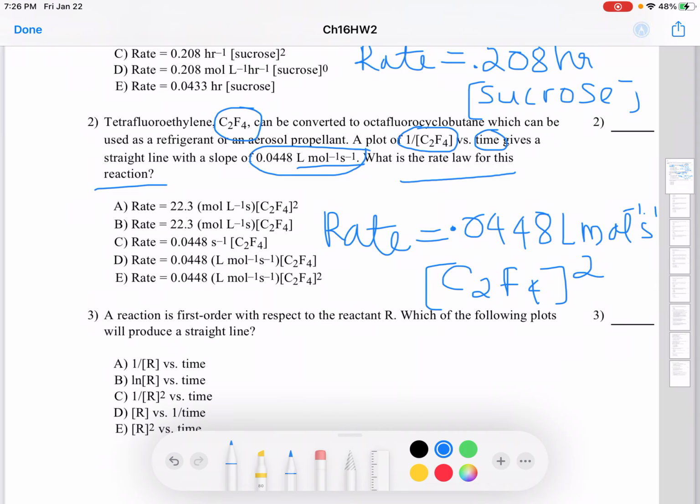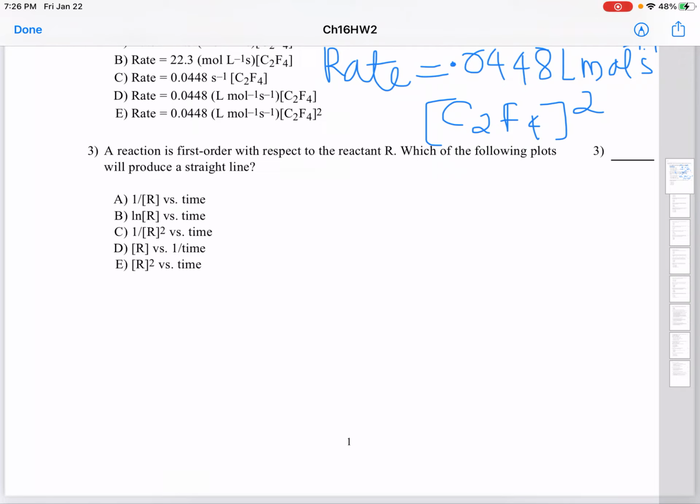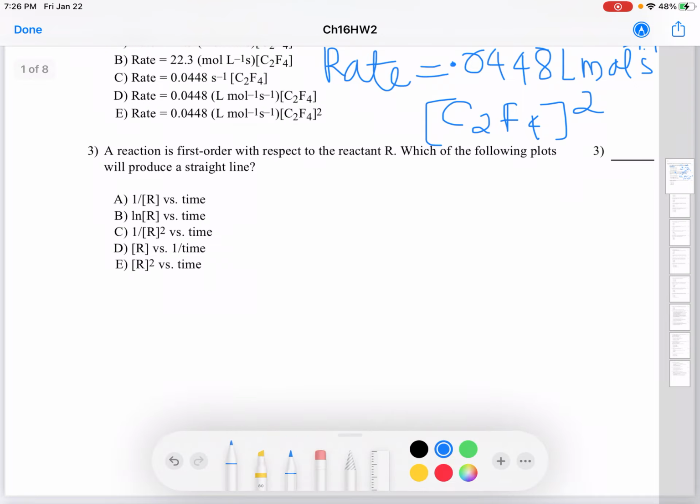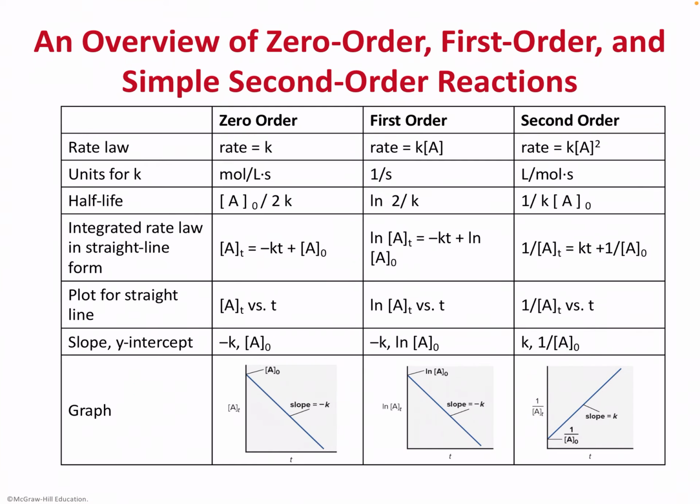And number 3, a reaction is first order with respect to the reactant R. Which of the following plots will produce a straight line? It says it's a first order reaction. So again, you refer to this table over here.